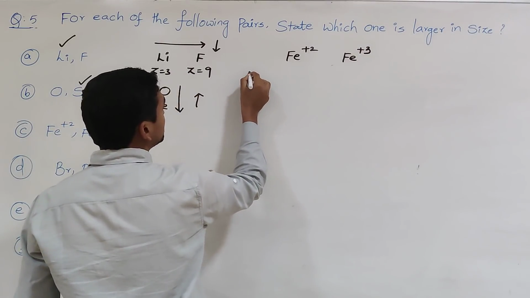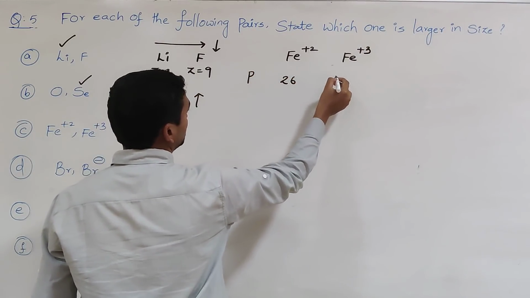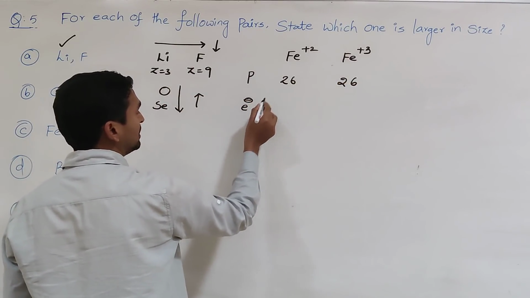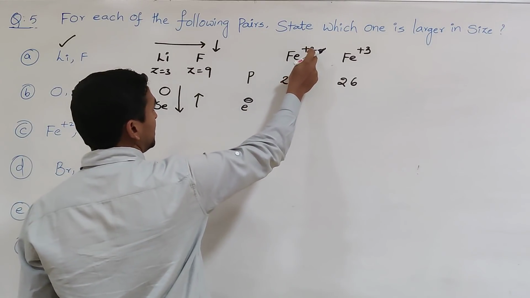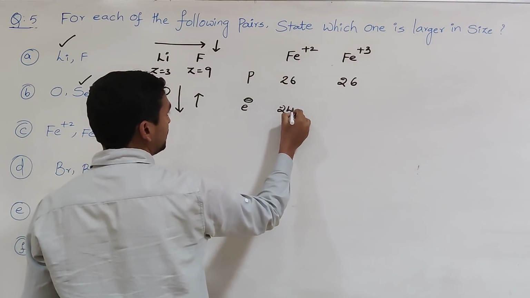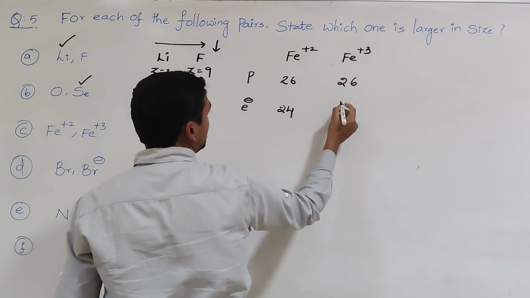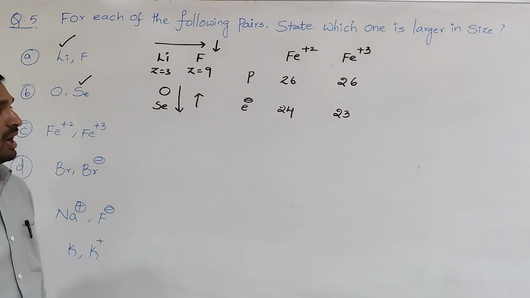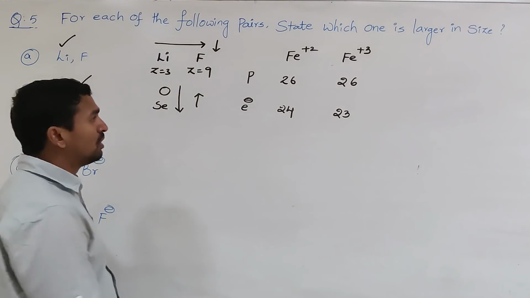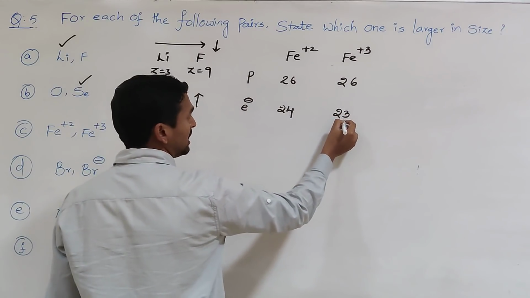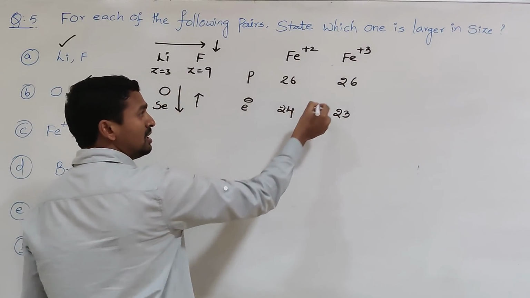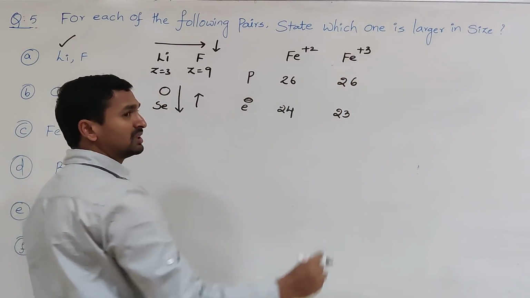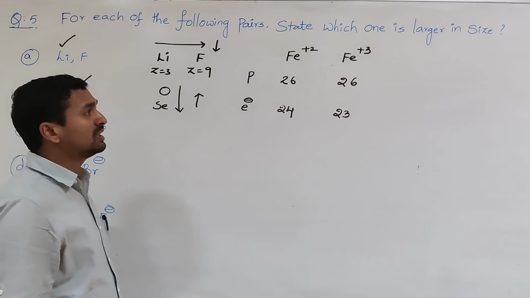In both cases, the number of protons remains the same, 26 and 26. But the number of electrons is different. The number of electrons is 26 minus 2, that is 24, and 26 minus 3, which gives 23. So now the effective nuclear charge is more in Fe plus 3 than in Fe plus 2. Wherever the effective nuclear charge is more, the distance from the center of the nucleus to the outermost shell decreases.